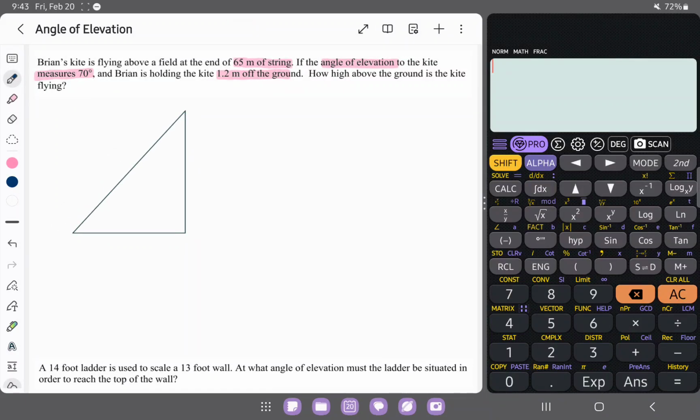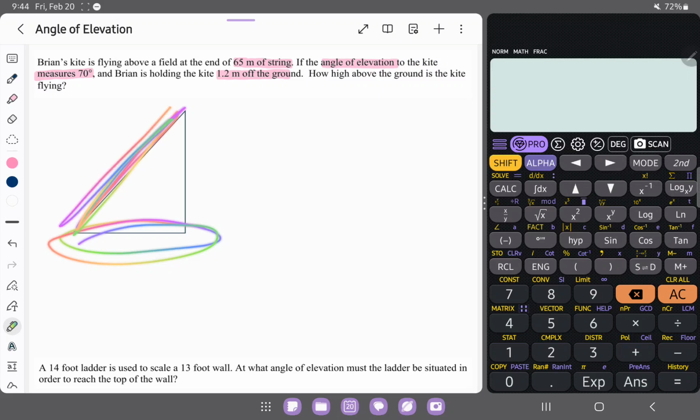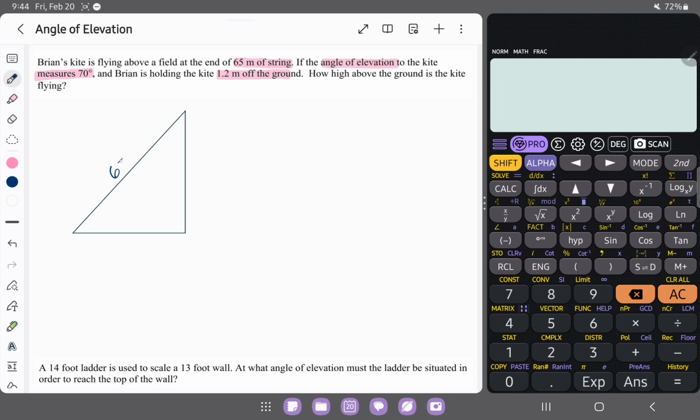So, una, we have angle of elevation of the kite measure 70 degrees. So, ito yung part, o ito yung horizontal line. Ito yung ating string ng kite. Then, that would mean, ito yung 65 meters of string.